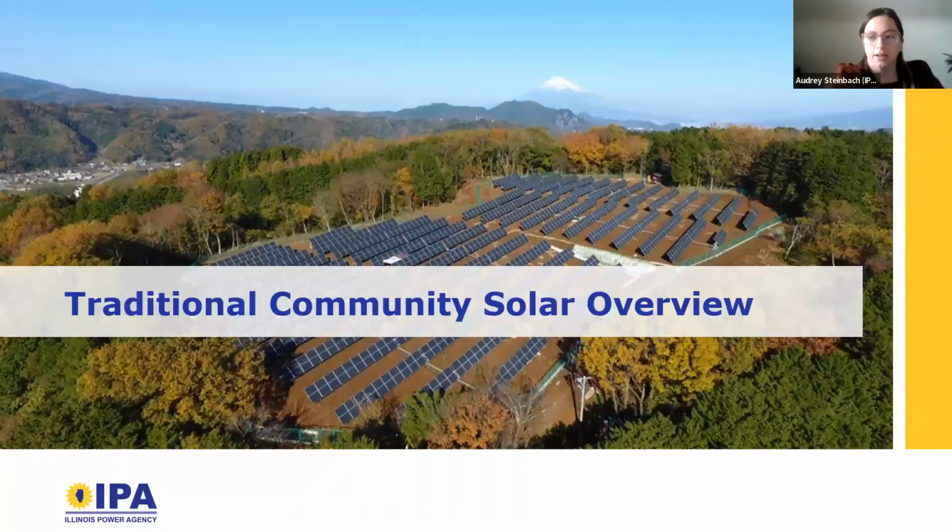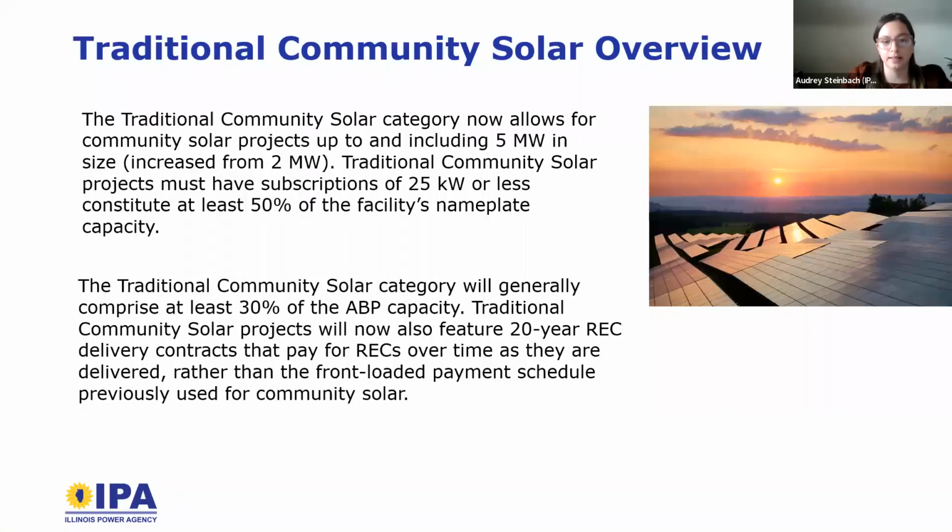Thanks so much, Tamara. Thanks everyone for being here today. To start out, I wanted to just give a quick overview of the traditional community solar category, since there are a few changes to this category since the passage of CEJA.